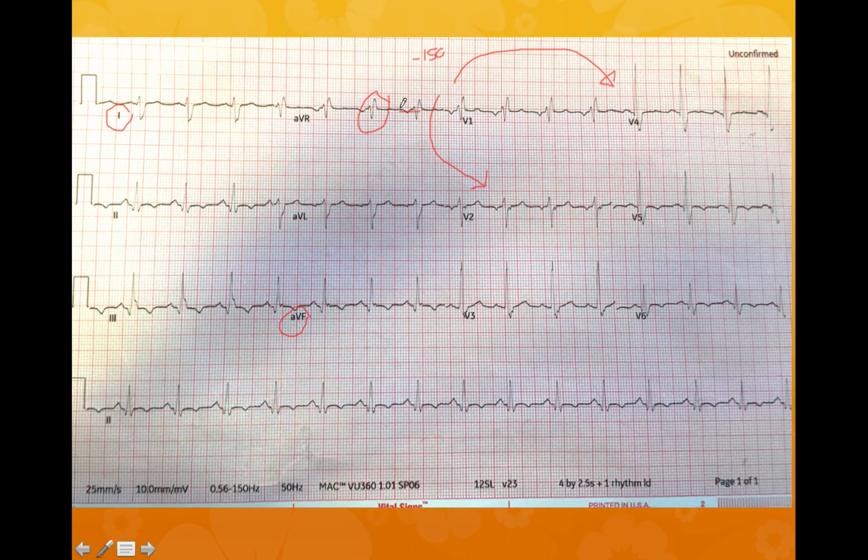If this is 180, that's 30 over there, and another 60 from 180, so we're going to be at 120. So 120 degrees makes our axis perfectly in line with lead 3. And that pretty much correlates with what we see on the ECG. The tallest wave is lead 3. So there we have a right axis deviation because it's greater than 90.